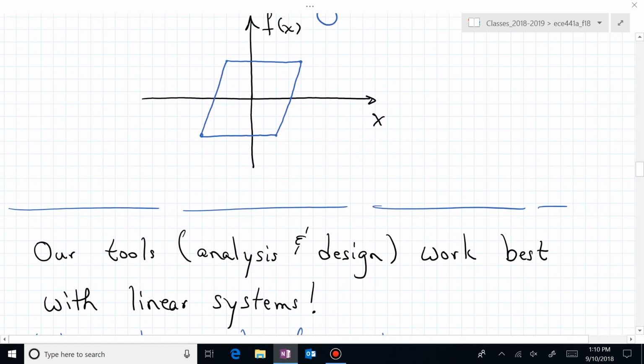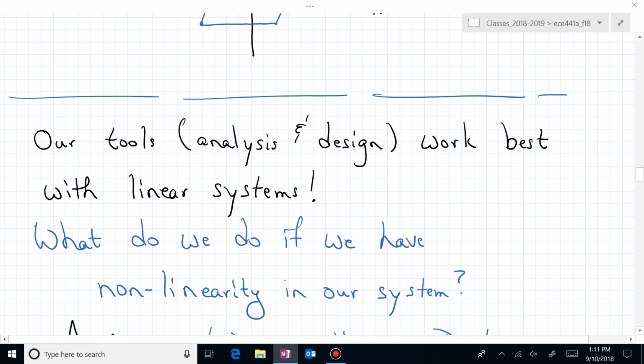In this particular class, what we are concerned with is working with linear systems, and the tools that we are developing are definitely based upon having a linear system. So to do our analysis and to perform our design, we have to be working with linear systems in this class, and if they are not, what do we do?